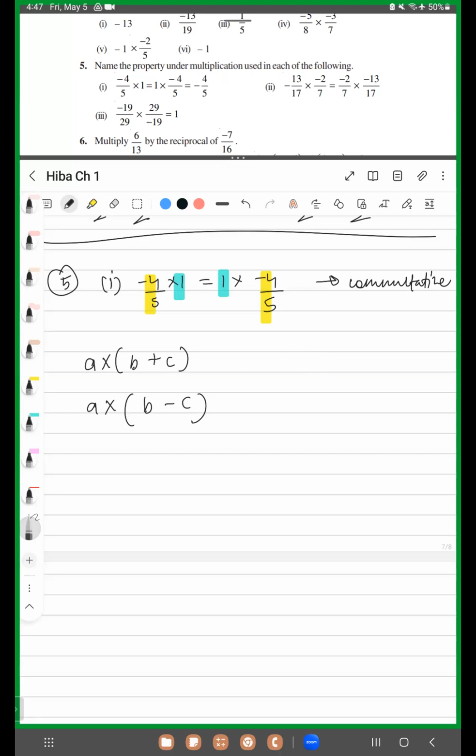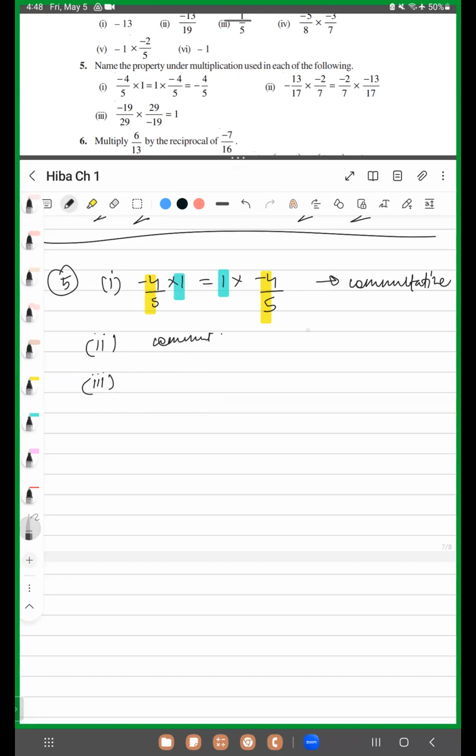ठीक है हिबा? Yeah. So will it be commutative? Yeah, again it's commutative. But how is the first one commutative? बच्चे commutative का मतलब क्या होता है? Like if you change the sides, the answer will be the same. Yeah, exactly.